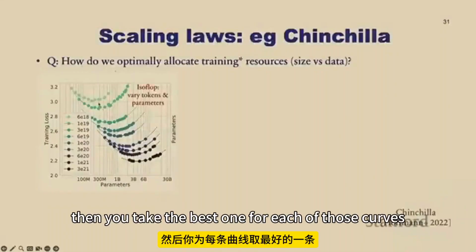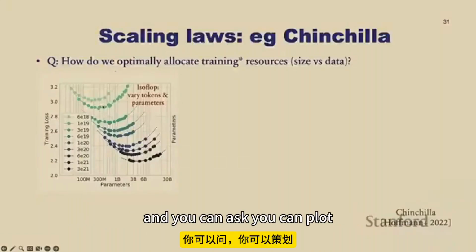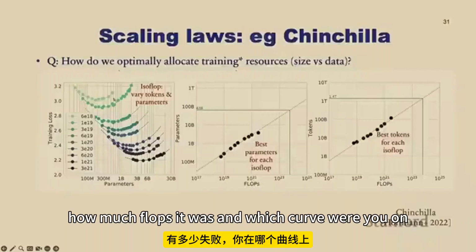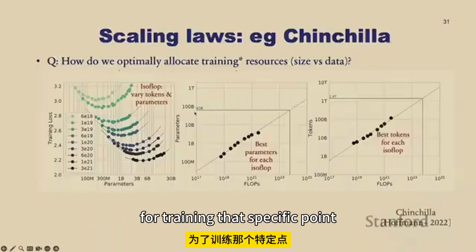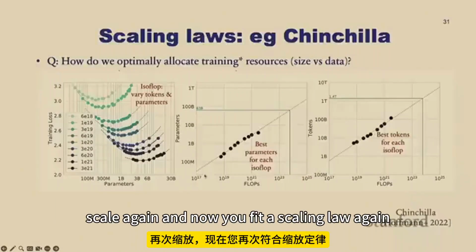Then you take the best one for each of those curves. Once you have the best one for each curve, you can plot how many flops it was, which curve you were on, and how many parameters you actually used for that specific point. You put that on the log scale again, and now you fit a scaling law again.